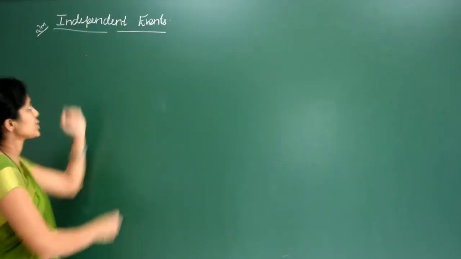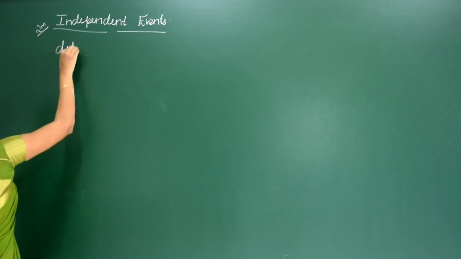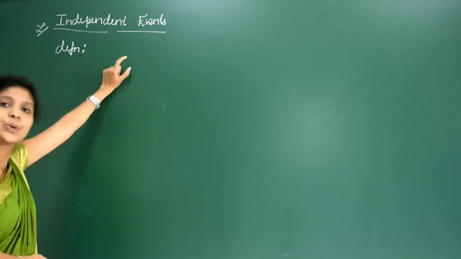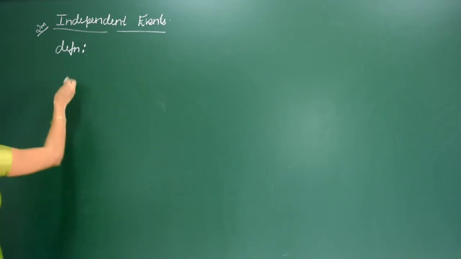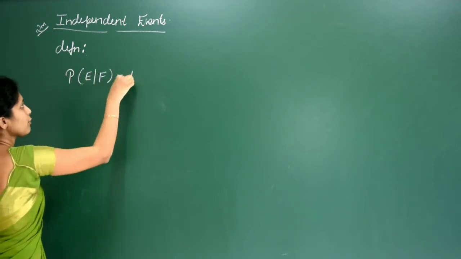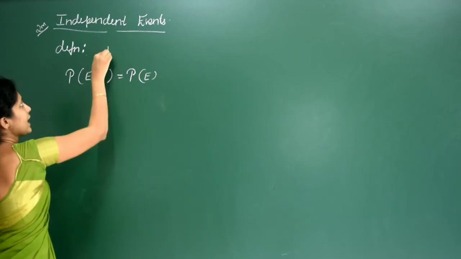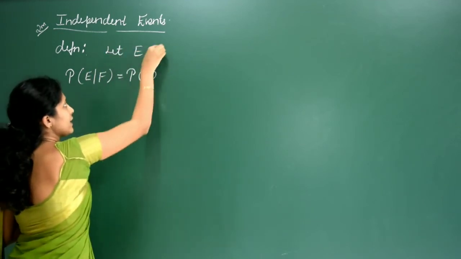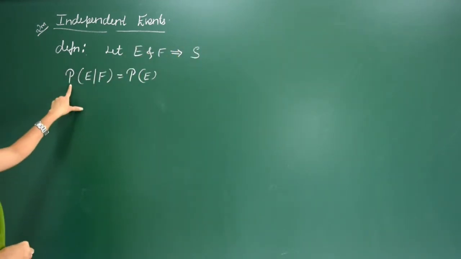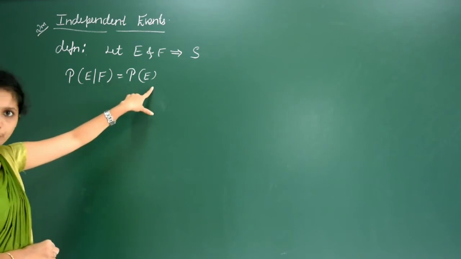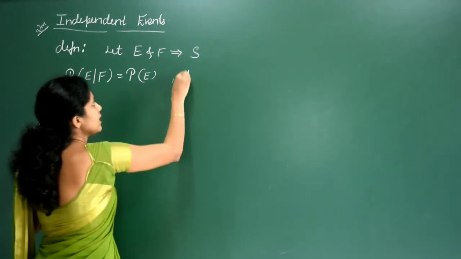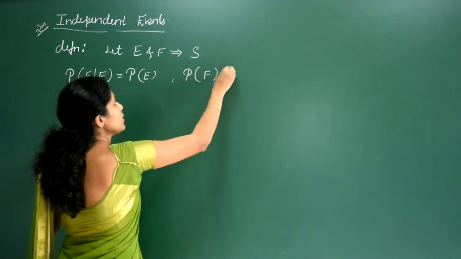Now let's see the definition of an independent event. This definition is important. Usually we use this formula to check whether two events are independent or not. Let E and F be two events associated with the same sample space S. Then P of E by F is equal to P of E. That means occurrence of F will not affect anything on E, provided P of F cannot be equal to 0.